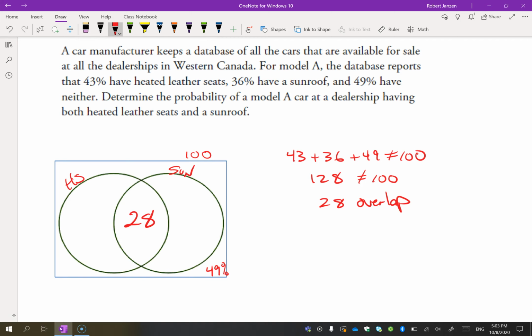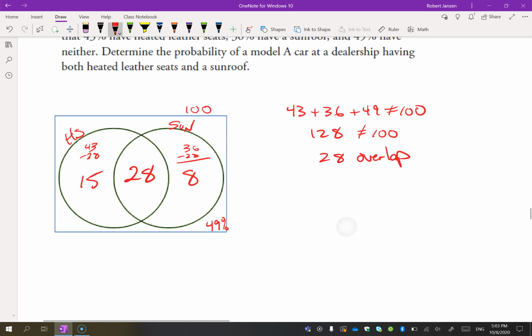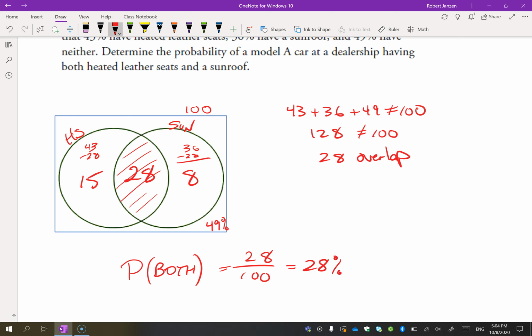Okay, and then since we know this is 43, take away 28, this is 15. We know this is 36, take away 28, this is 8. Okay, and it says determine the probability of a Model A car at the dealership having both heated and leather seats. So the probability of both would be 28 out of 100, which is 28%.